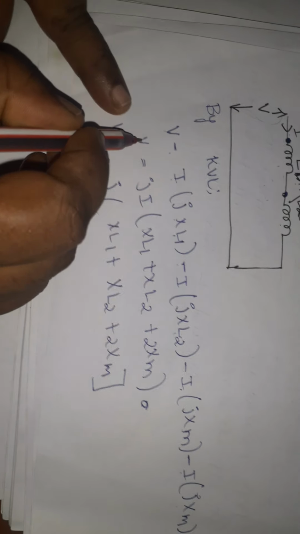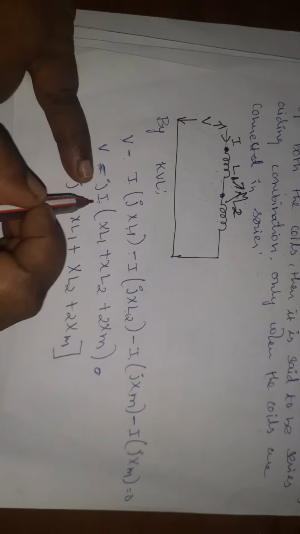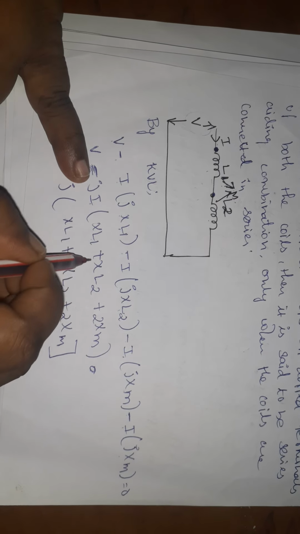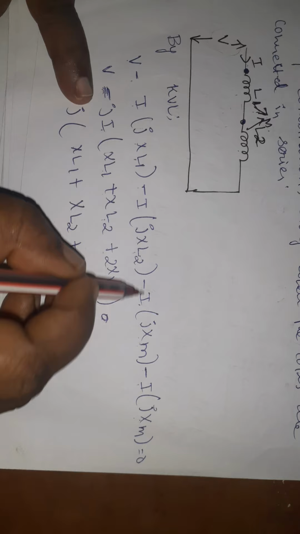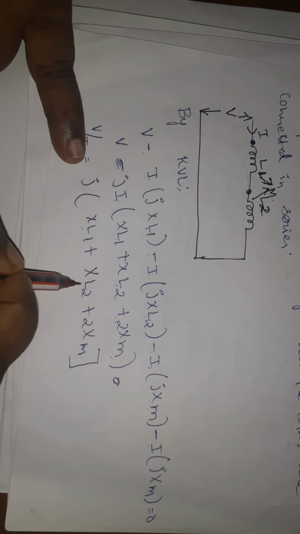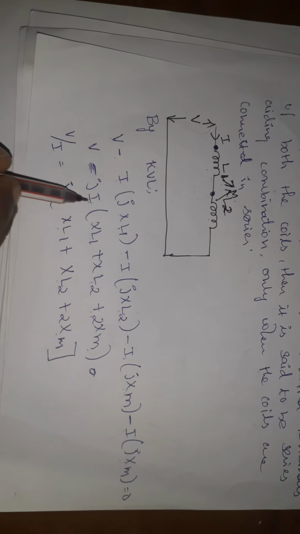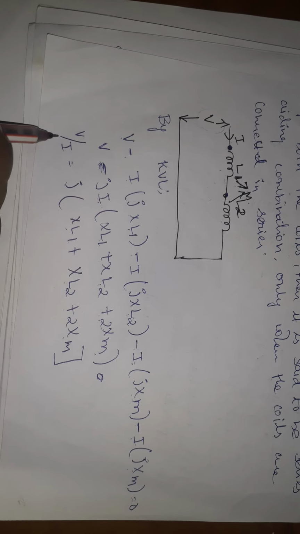So you write like this: V is equal to j, taking j common for all terms, I into XL1 plus XL2 plus 2XM. So V by I gives jXL equals j into XL1 plus XL2 plus 2XM.